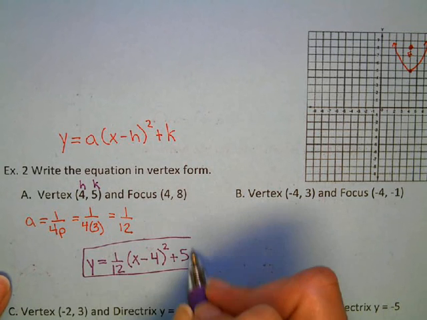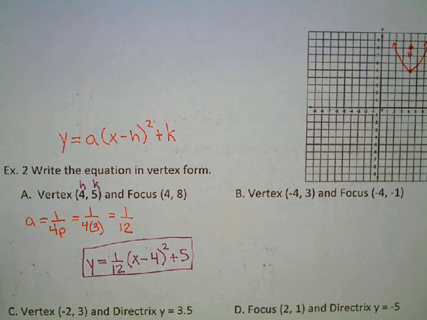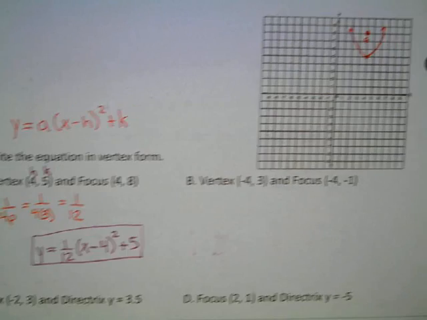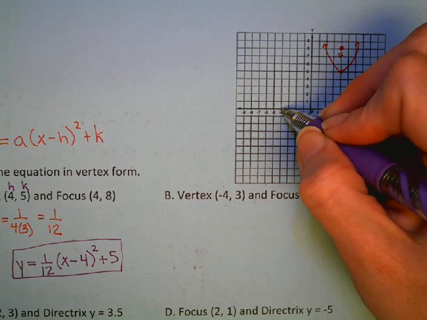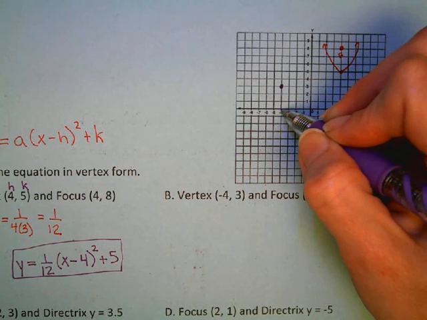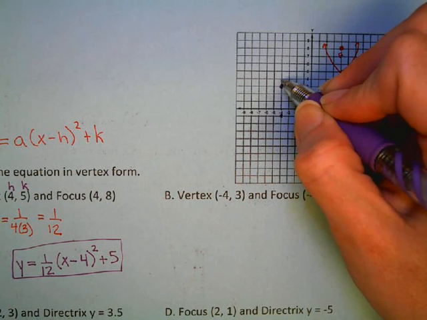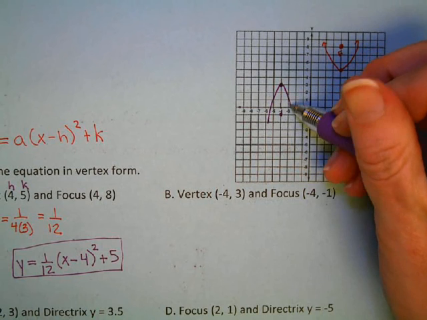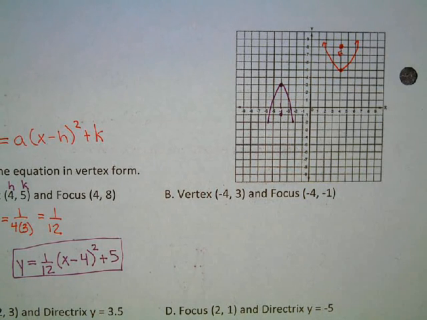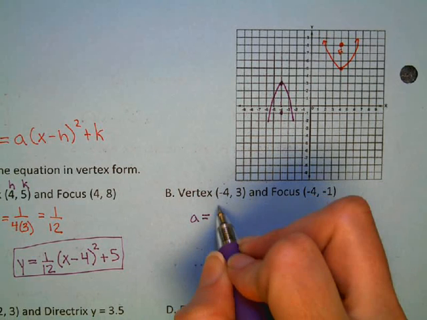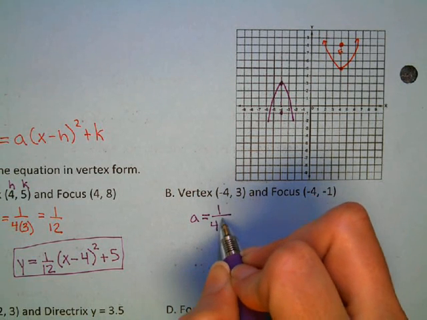Okay. The next one, I'll graph these points: (-4, 3) and (-4, -1). So if the vertex is up here, this graph should be going down. Alright, so we're going to do a equals 1 over 4 times, let's count. 1, 2, 3, 4. This one was going down 4.